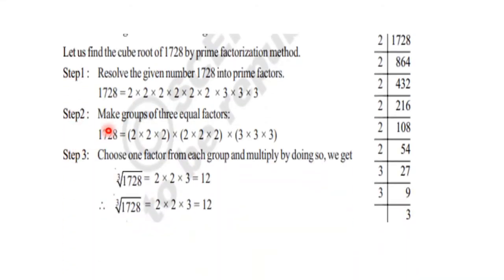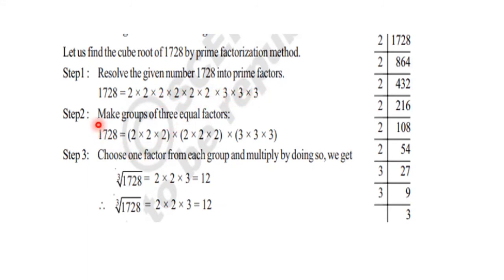Now we see examples of cube root problems. Let us find the cube root of 1728 by the prime factorization method. Resolve the given number 1728 into prime factors. You see here, 1728 is prime factorized. 1728 is equal to 2 × 2 × 2 × 2 × 2 × 2 × 3 × 3 × 3.